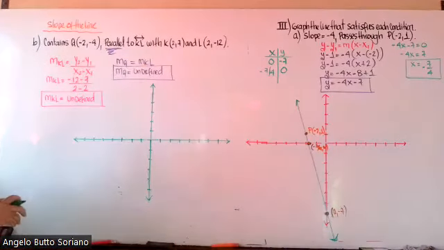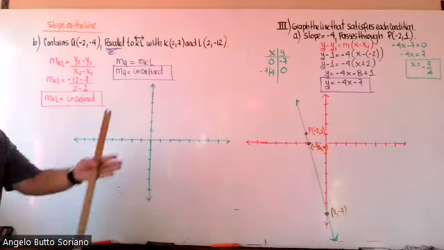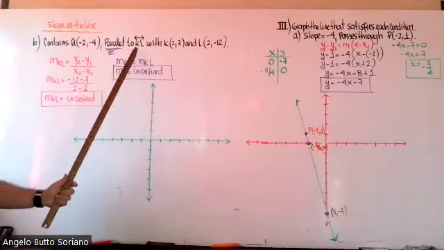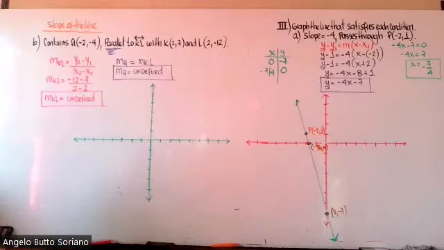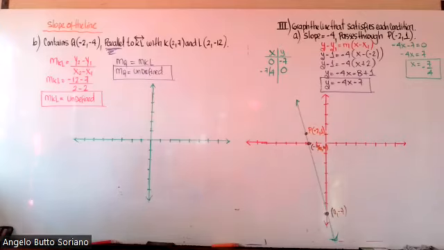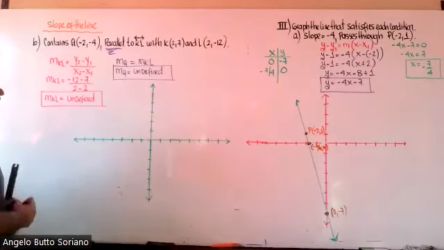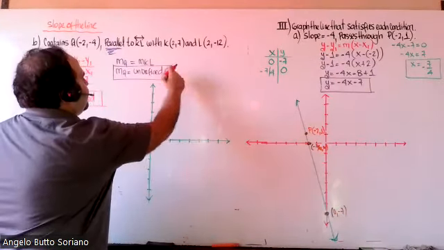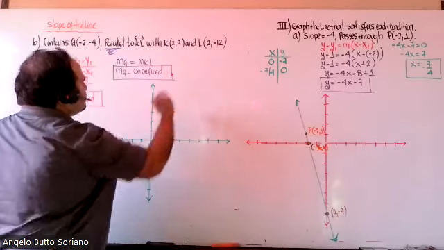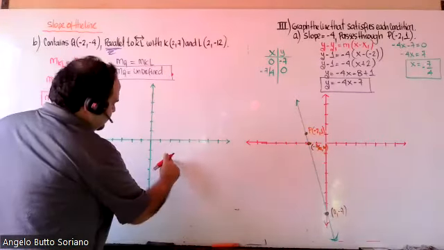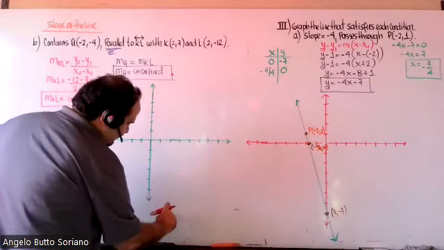Okay. The first thing that we must do, because we have to show these lines are parallel, is graph the line KL. Remember, KL will be the line through the points (2, 7), 1, 2, 3, 4, 5, 6, 7, and (2, -12), 1, 2, 3, 4, 5, 6, 7, 8, 9.